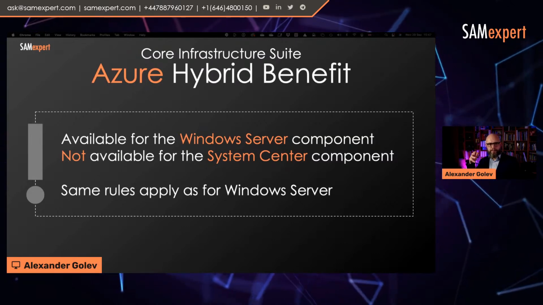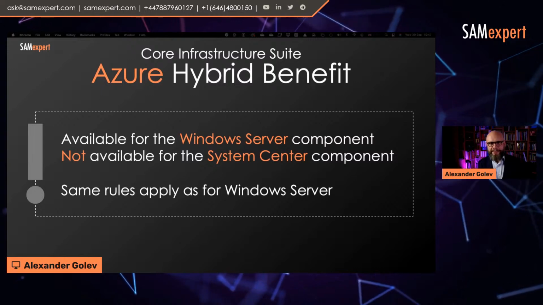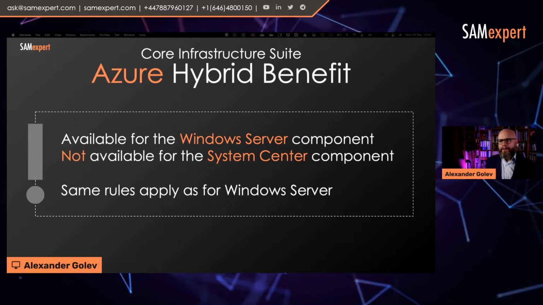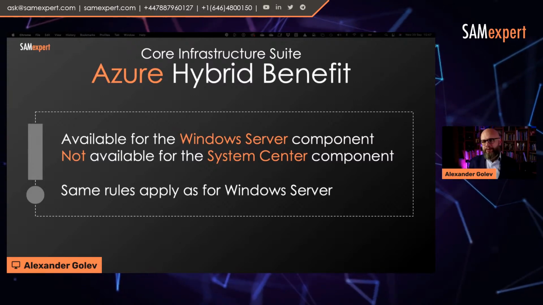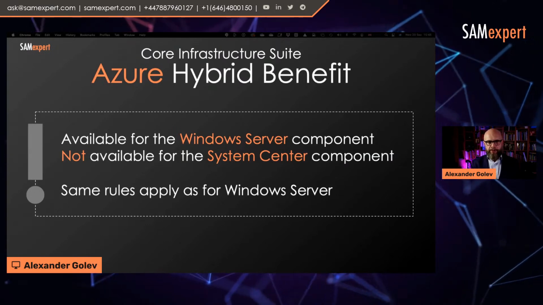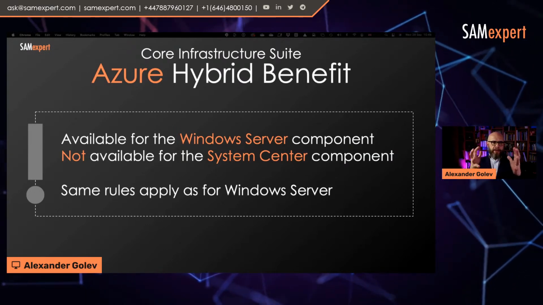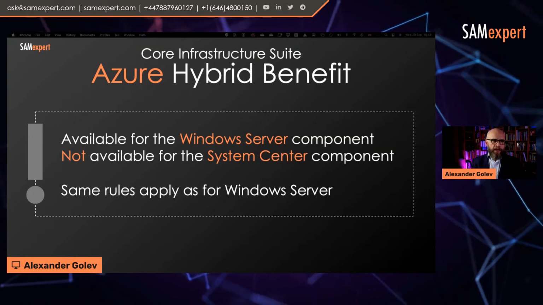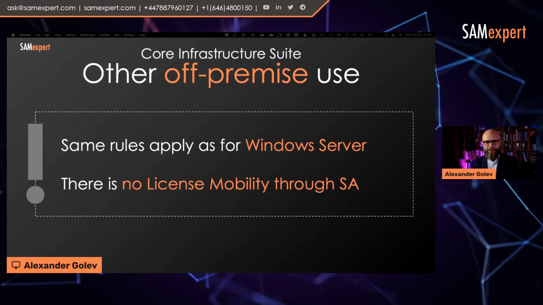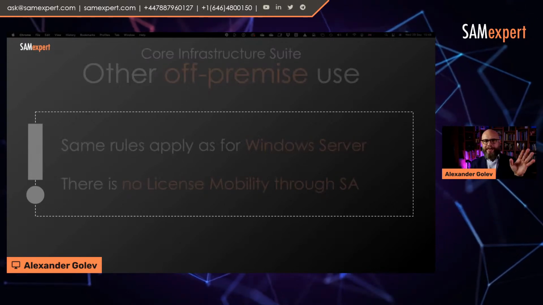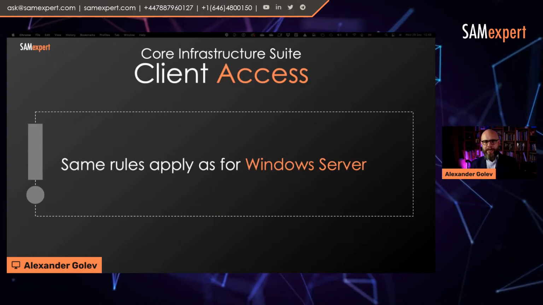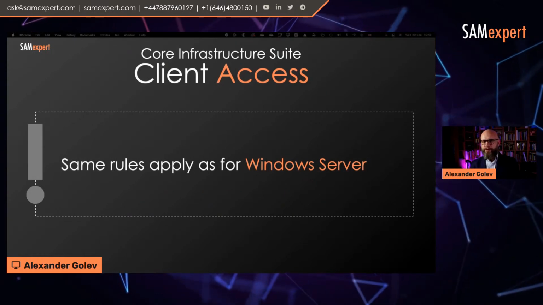Just count those core infrastructure suite licenses as if they were Windows Server licenses. It's really simple. Same rules for Azure Hybrid Benefit, same calculations as for Windows Server. As I said, that's just a bundle of two products. Other off-premises use, like third party, is the same as Windows Server, just refer to Windows Server. Client access is the same as Windows Server. So client licenses to those services, Windows Server counts.